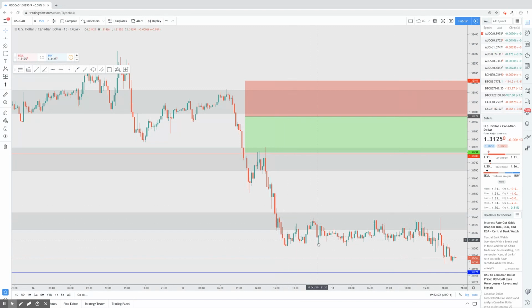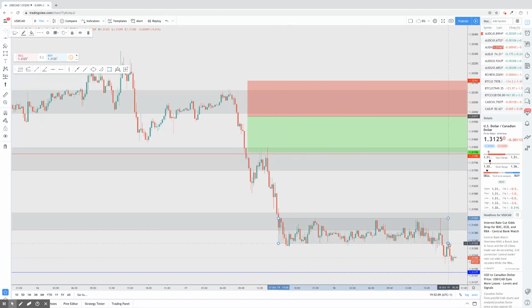What I'm seeing here is consolidation. Do you see this, guys? Price is not moving in one solid direction. We're just seeing a whole bunch of consolidation here.